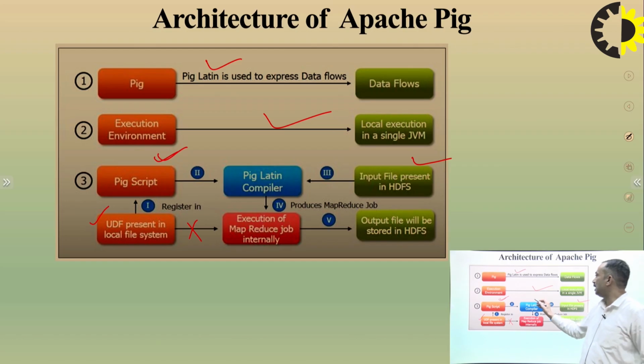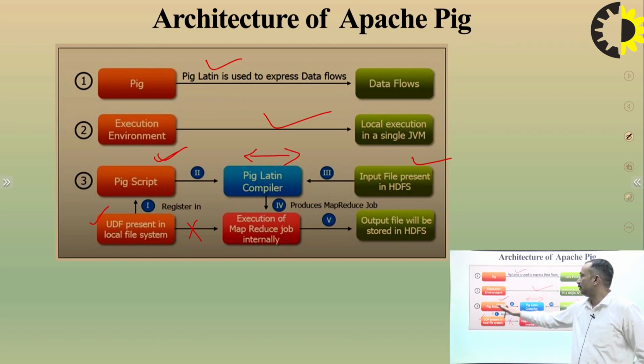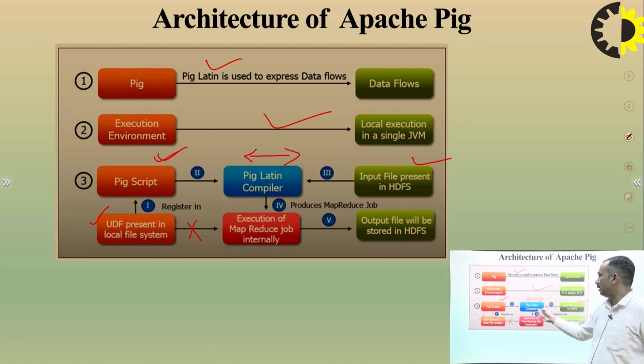The compiler takes input from an input file and executes the operations that are written in the Pig script. As we discussed earlier, this compiler produces a MapReduce job. All operations and scripts are internally converted into a MapReduce job. So these scripts, via the compiler, are automatically converted into MapReduce jobs, and the execution of the MapReduce job is done internally.